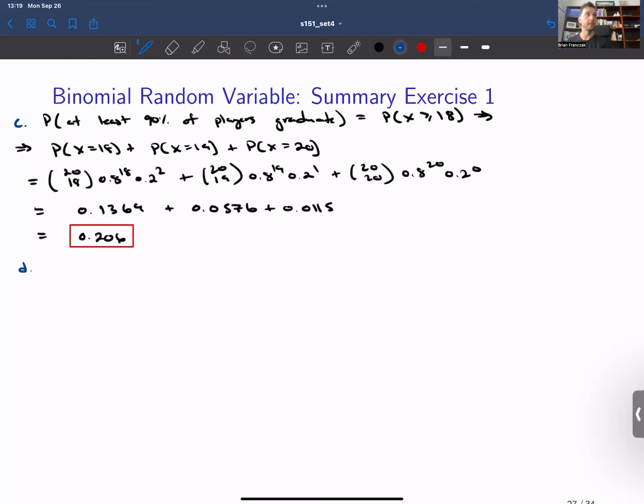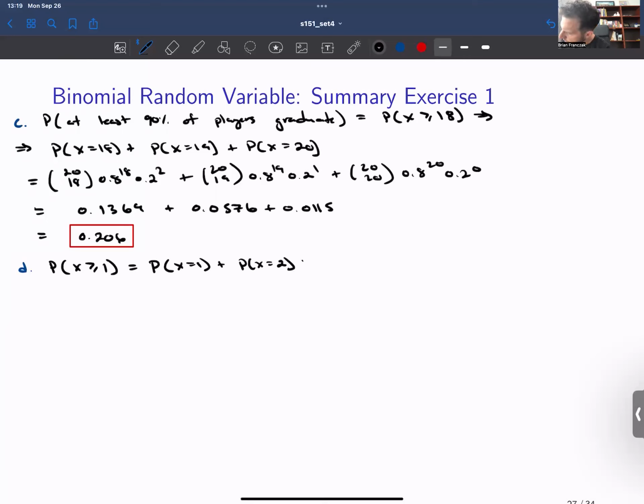In part D, it asks, what is the probability at least one player graduates? So the probability X is greater than or equal to 1. There's a hard way to do this, which would be to take X equals 1 plus X equals 2 plus X equals 3 plus all the way up to X equals 20, adding all of the probabilities in that space together.